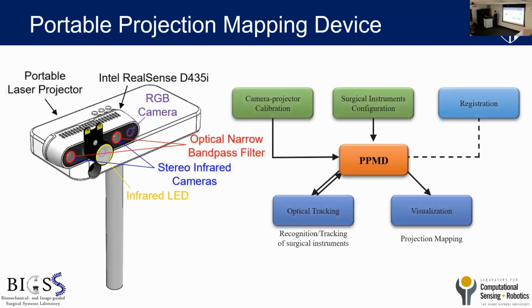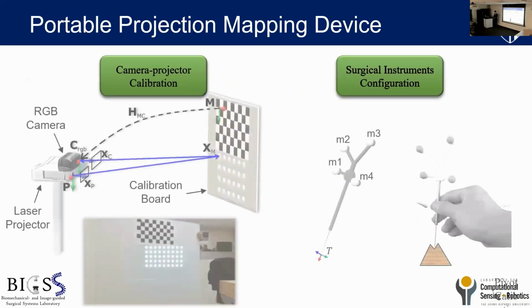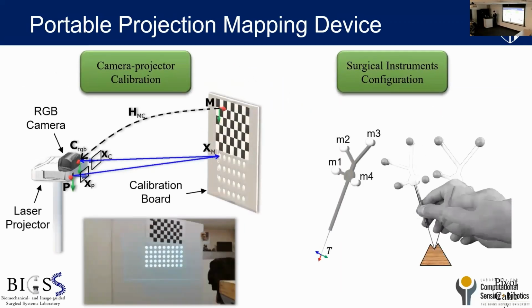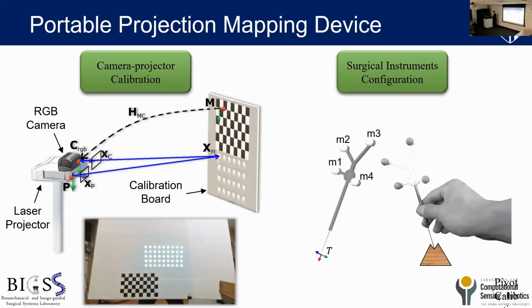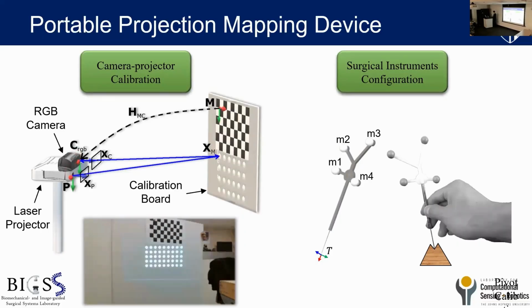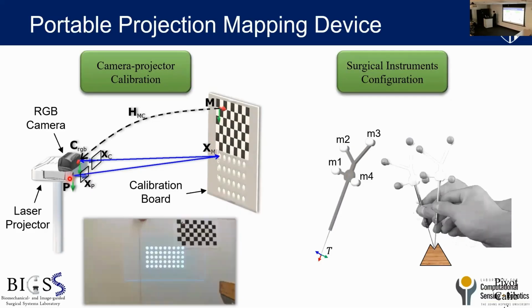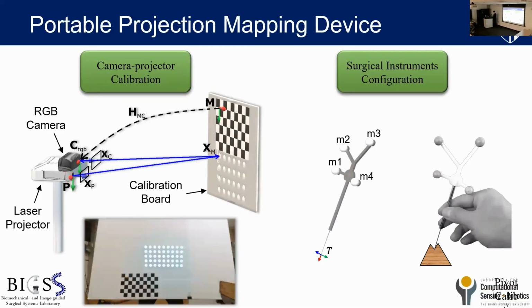Let me now just quickly show you how this system works. First, we need to perform two calibrations. The first is the camera projector calibration. This is to find the extrinsic transformations between the RGB camera and the projector. This is done by using a calibration board.